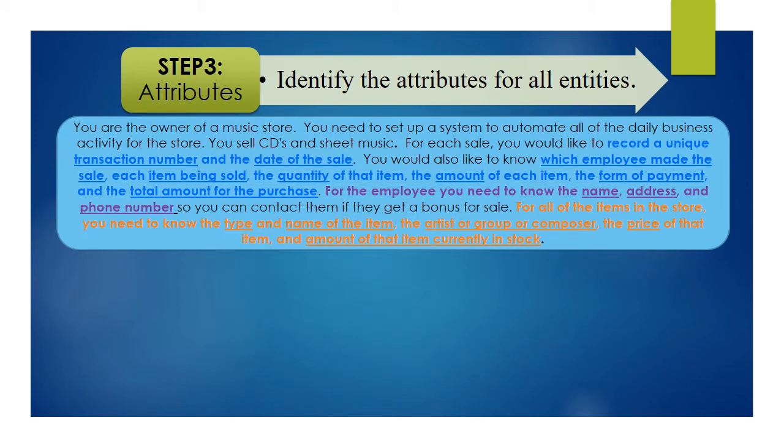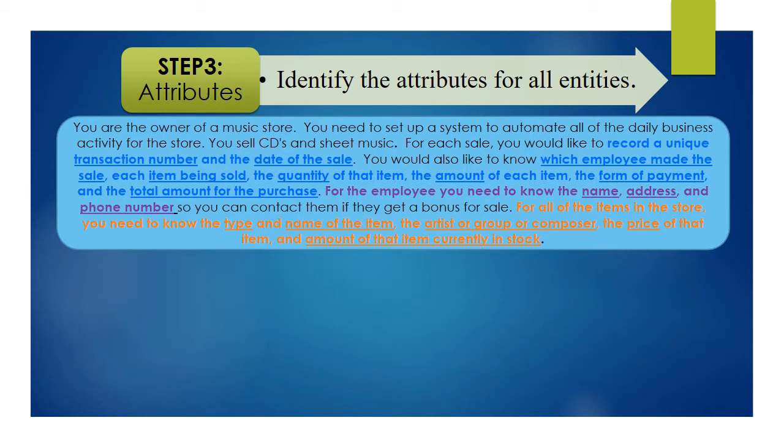Step 3 is called attributes because I need to identify the attributes for all entities. For this step, I like to underline the keywords I think would make good attributes. Then I list them in the proper table under the primary key according to my colored highlighting I defined in step 1.